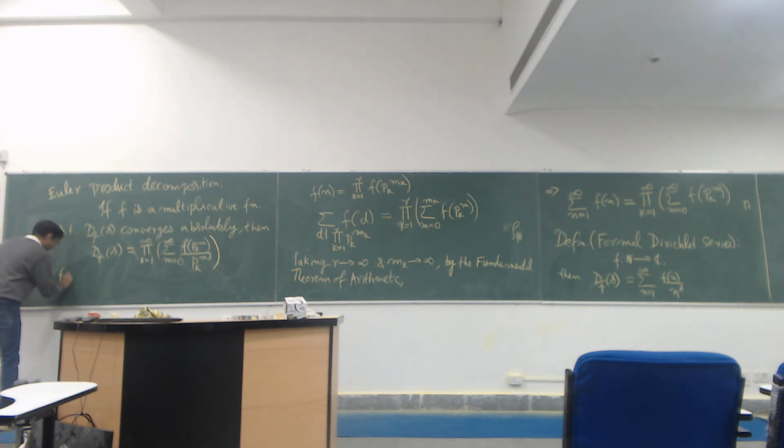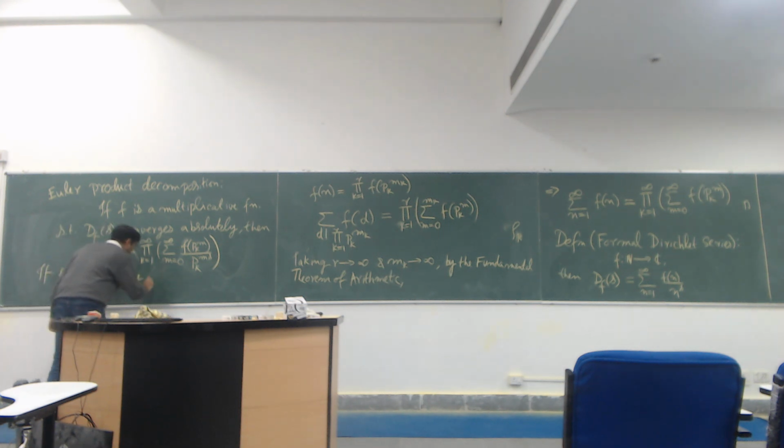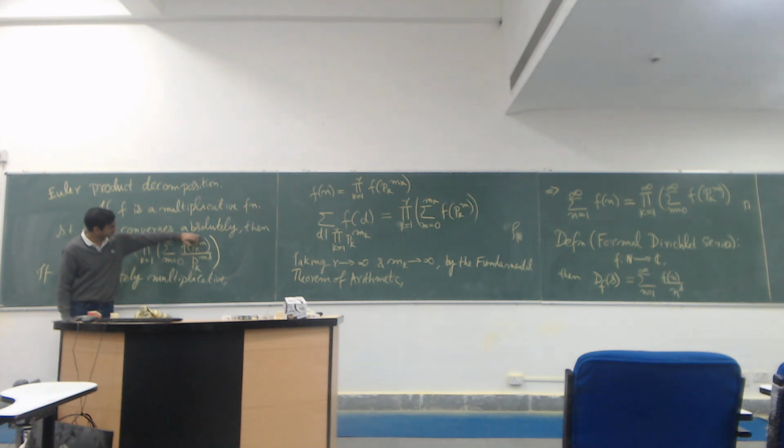If f is completely multiplicative, then we can write this as f(p_k) by p_k^s, the whole power n, a geometric series.